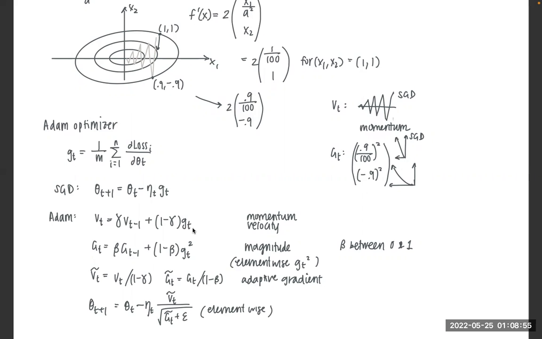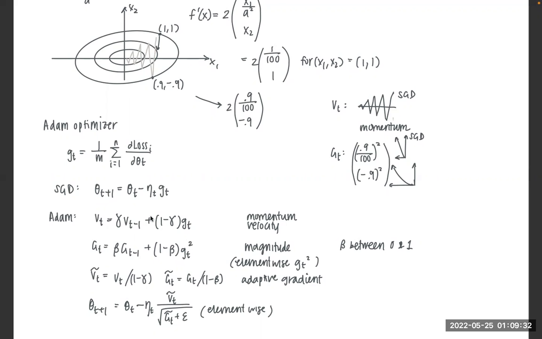So for this v_t, we use this formula. This gamma is a number close to 1, for example 0.9. v_t equals gamma times v_{t-1} plus (1 minus gamma) times g_t, where g_t is computed here, it's a gradient. We use this formula to accumulate g_t. And also we have this big G_t, with beta also a number close to 1, for example 0.9: G_t equals beta times G_{t-1} plus (1 minus beta) times g_t squared.